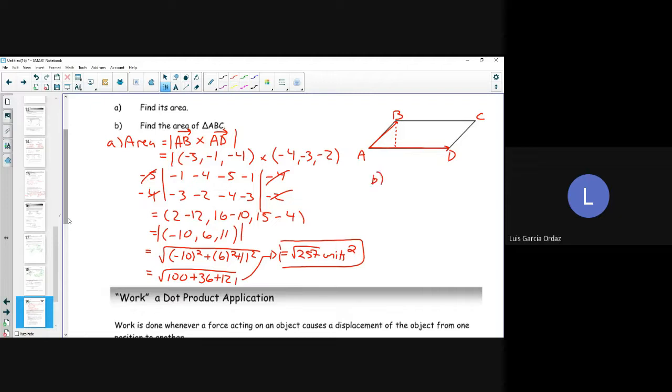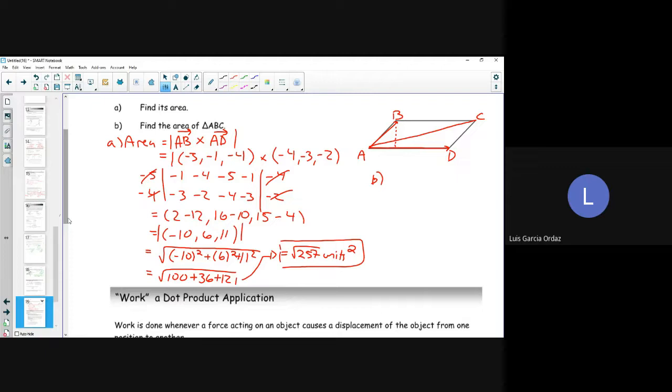Now for B, I want to find the area of triangle ABC. From regular geometry, I would know that the area of triangle ABC is just half the area of the parallelogram.